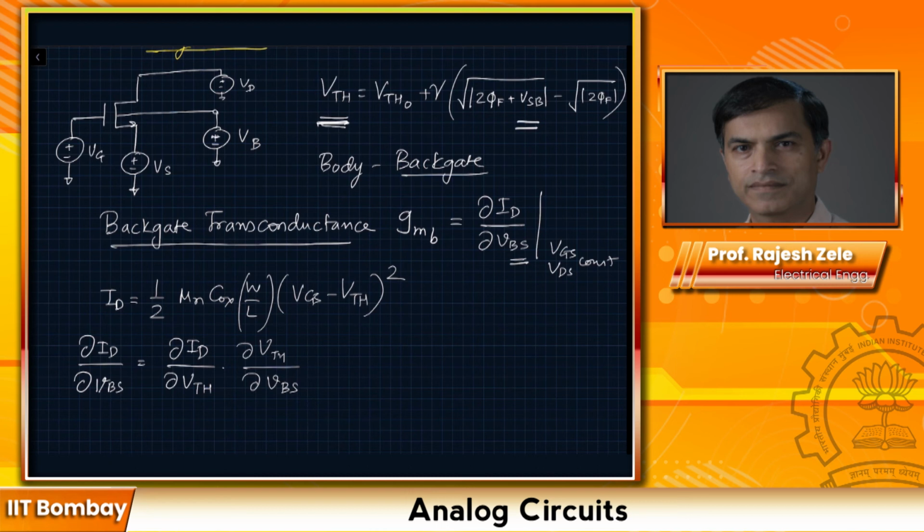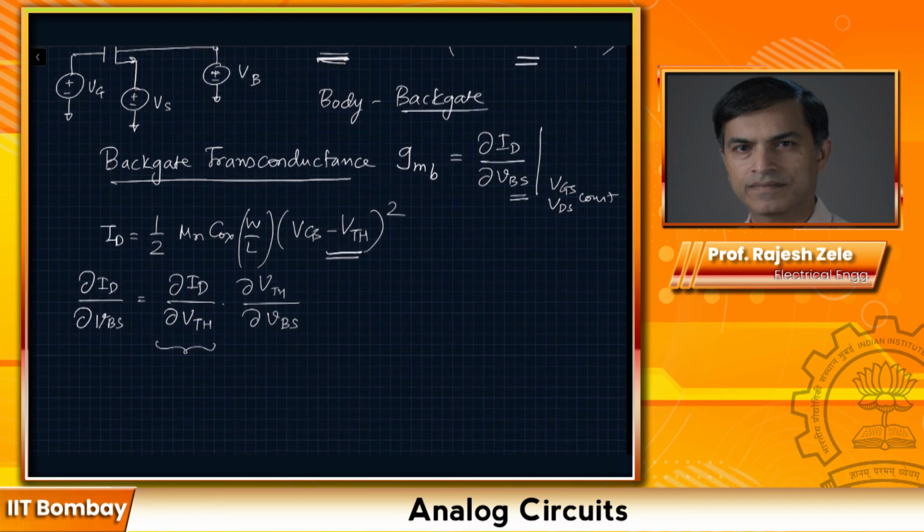The key thing here is VTH is a function of source to bulk voltage, and we have to make sure that we take into account the polarities. So the first thing is del ID by del VTH. This is nothing but minus Gm, because there is a negative sign due to the minus here. So this will look like minus Gm, and if you calculate the expression for del VTH by del VBS, that will come out to be minus gamma divided by 2 times the square root of 2 phi f plus VSB.